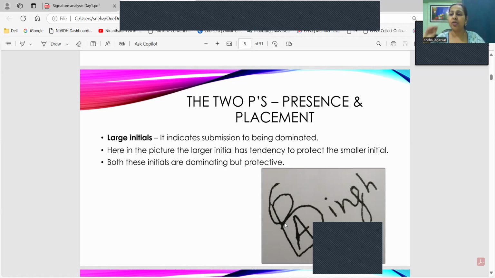You, as a graphologist or a signature analyst, should be able to analyze the signature on point. Only then will it help. If for the first few signatures that you are analyzing you feel that this is completely contradictory to what I've said right now, you can simply ask them questions rather than giving them a complete statement or analysis.